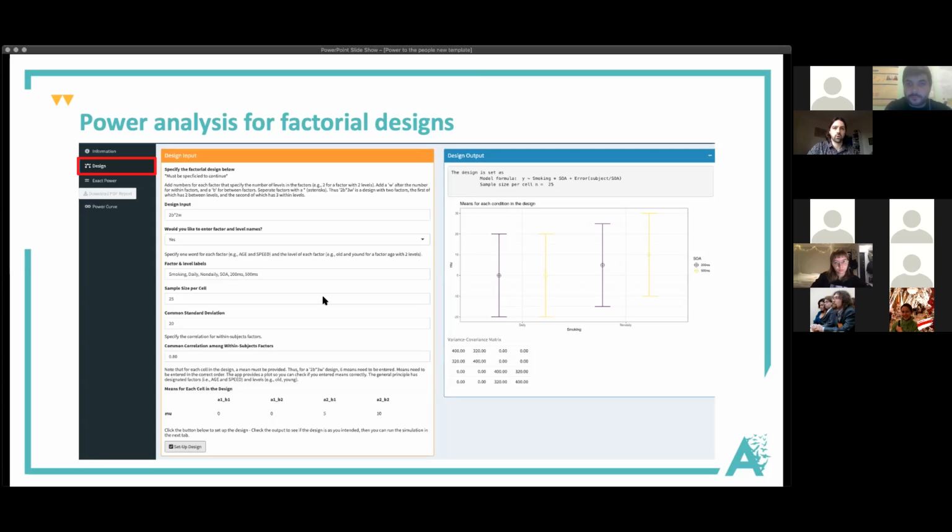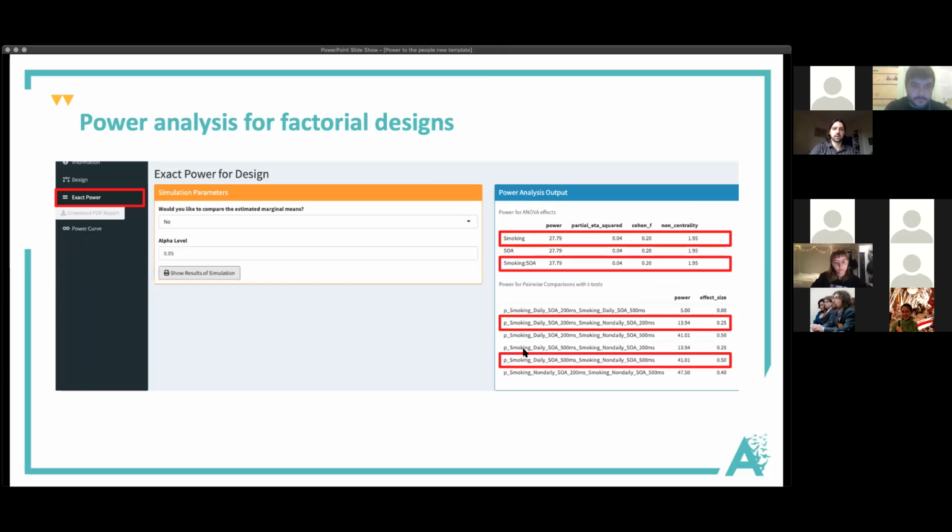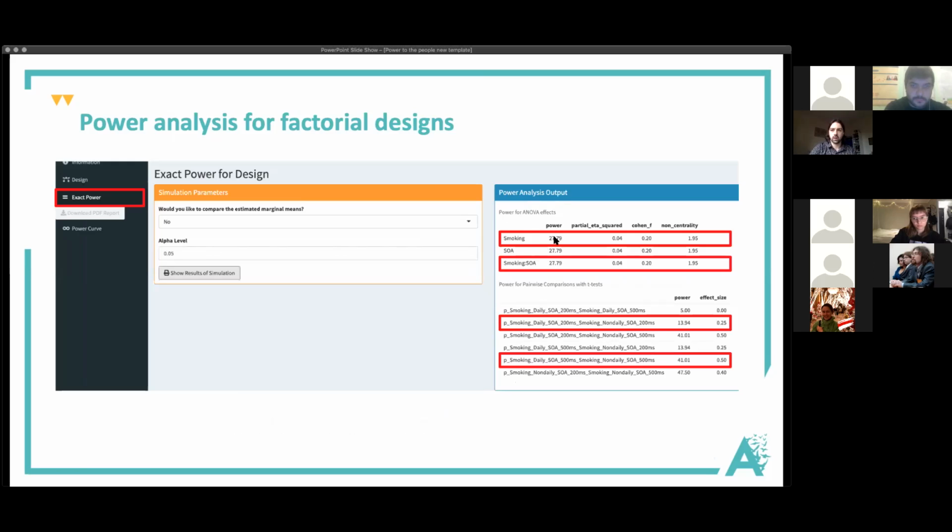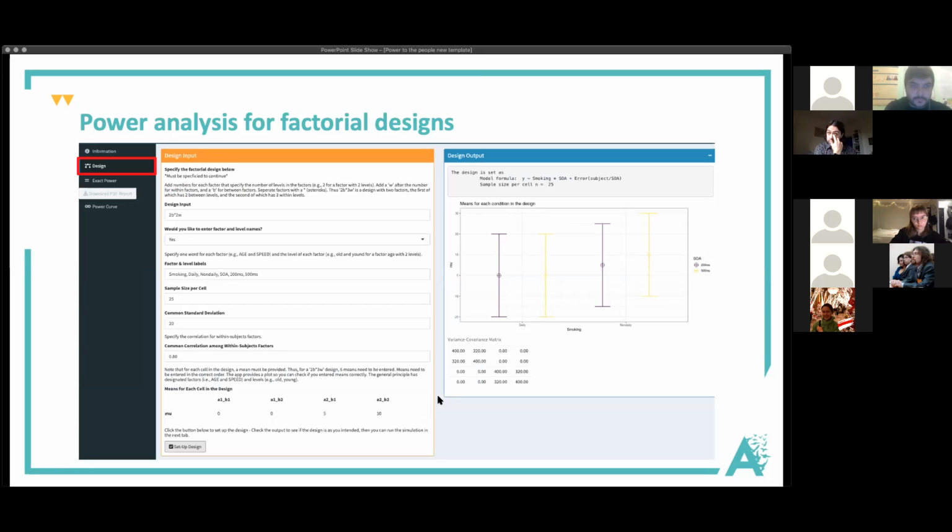So how's everyone getting on with this? All we're doing is changing the sample size per cell from 25 to try and get those next values above 80. I'll go back to that just in case people need to copy down the parameters.